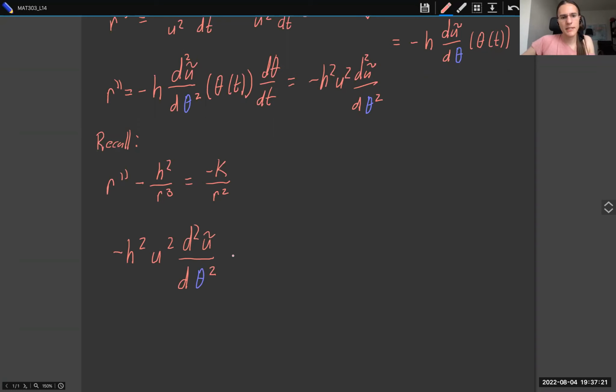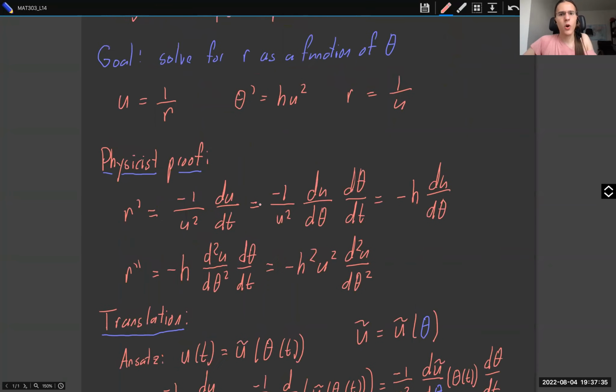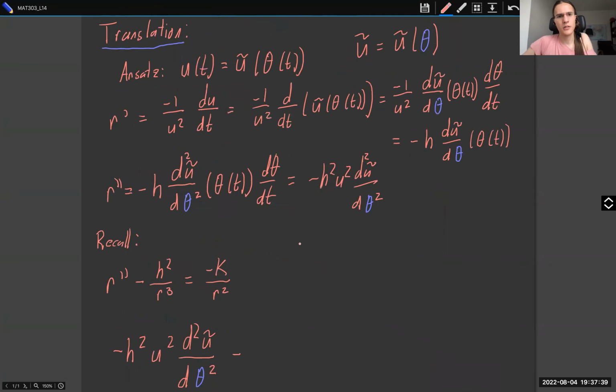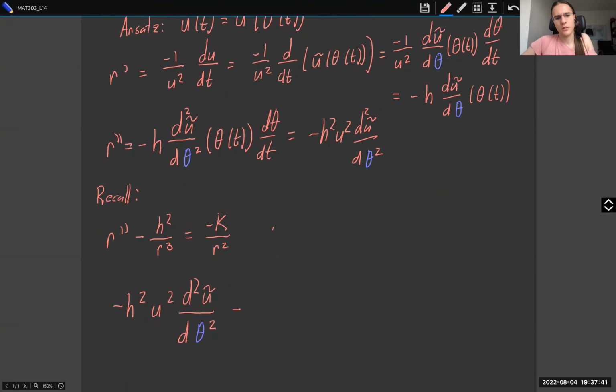And then we're going to get minus H over, now the thing is that we are writing everything in terms of U. So our equation is that U is 1 over R. So this is H squared U cubed.